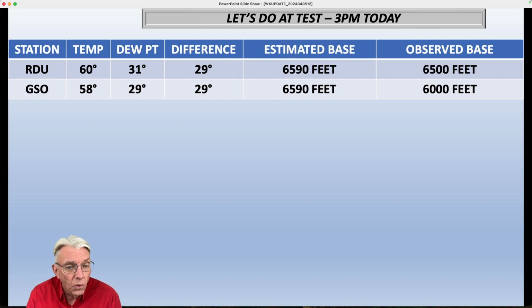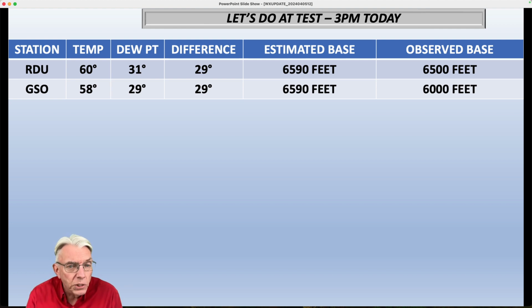If we know that the temperature and the dew point get 4.4 degrees closer per 1,000 feet, you divide 29 by 4.4 and you get 6.59, and then you multiply that times 1,000 to get the actual height. So 6,590 feet would be your estimated base, and the observed base at RDU at 3 o'clock was 6,500 feet. That's pretty darn close.